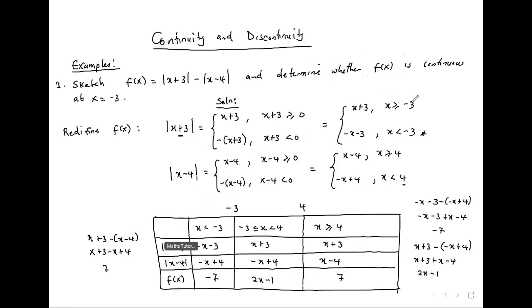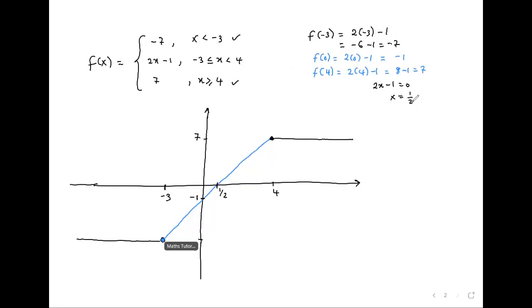Now we check continuity at x equal to -3. Check the limit at x equal to -3. We check if the function is defined at -3, and it is defined. We are getting -7. As you can see, we got -7 there.